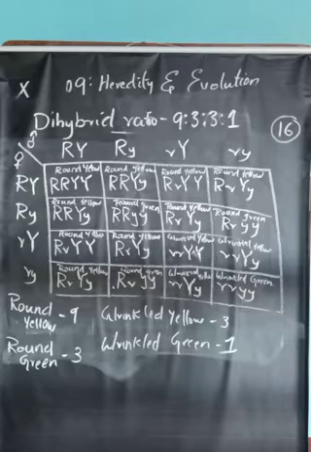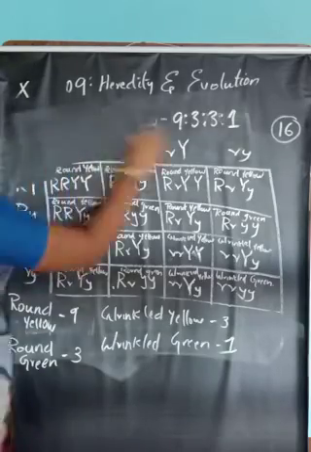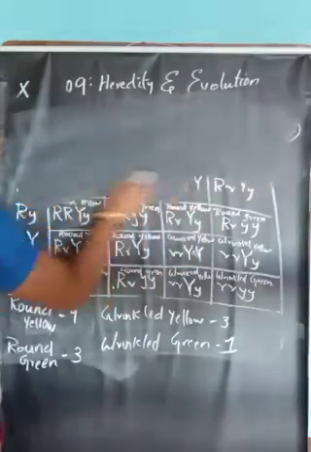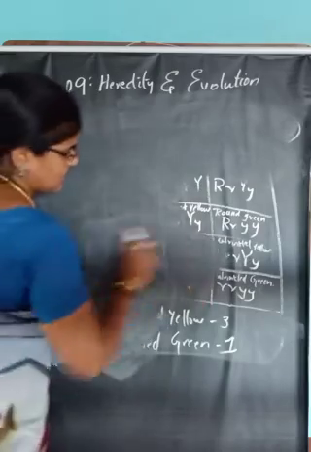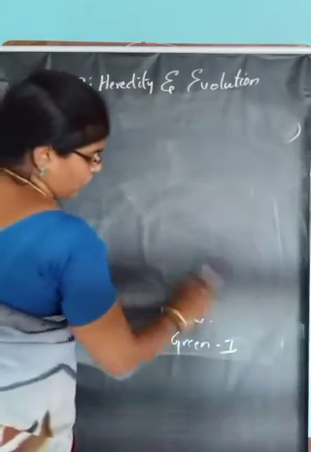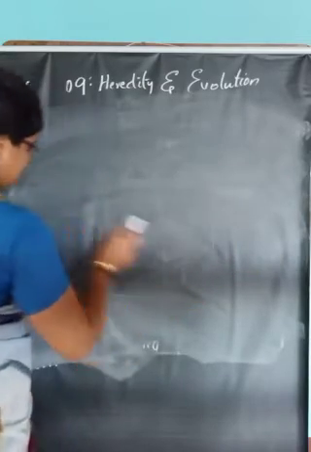Now we are moving to the law which is based on dihybrid inheritance. What is the law based on dihybrid inheritance? Actually it is simple. You are familiar with monohybrid inheritance now, so you can simply study the dihybrid inheritance.